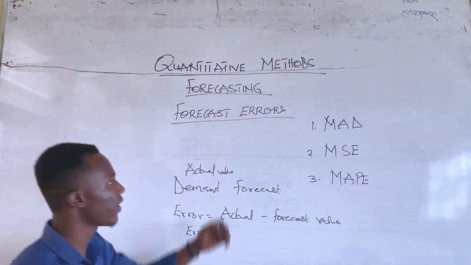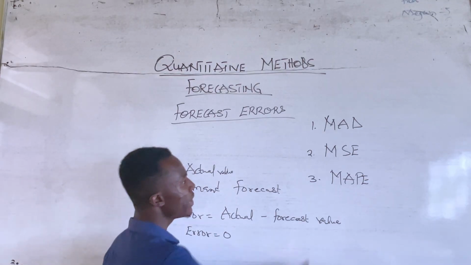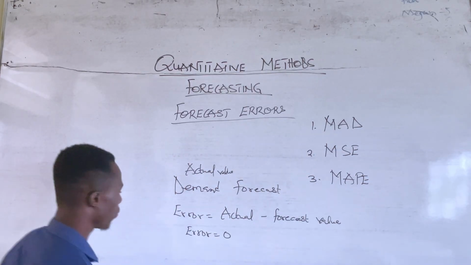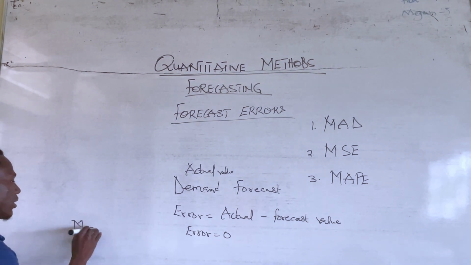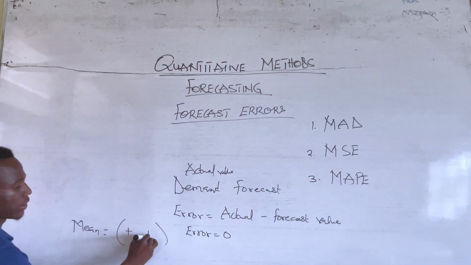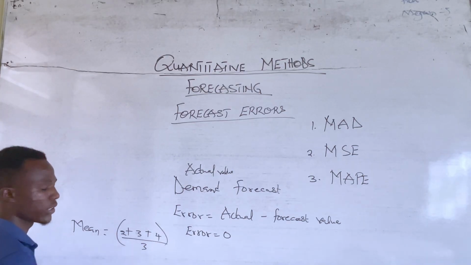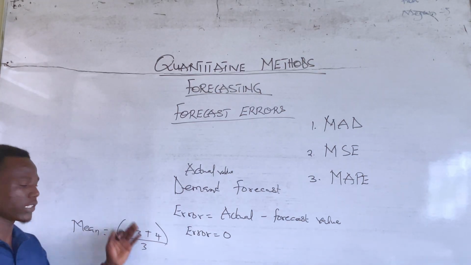These are the things we are going to look at. Then for mean, you know mean is just like summing something up. You sum numbers up, then you divide by 3, let's say. The mean, just like this, okay?